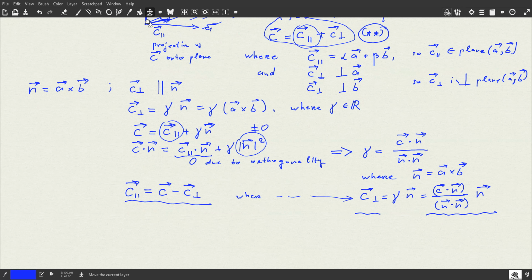One final thing which I probably want to do is to construct the decomposition for C parallel with respect to the original A and B. Because C parallel, we know that it belongs to the plane AB.